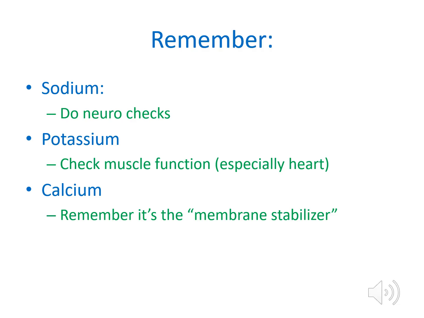Okay, and then for calcium, remember, calcium's the membrane stabilizer. When it's there, the membrane's stable, it's harder to generate an action potential. If it's not there, the membrane's not stable, it's easier to generate an action potential. All right? You just remember that, think it through during the test, you'll be good.